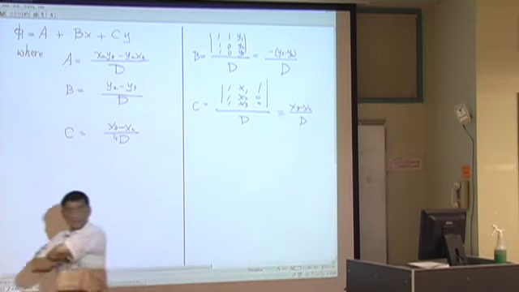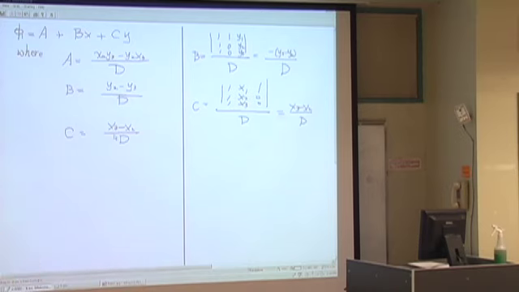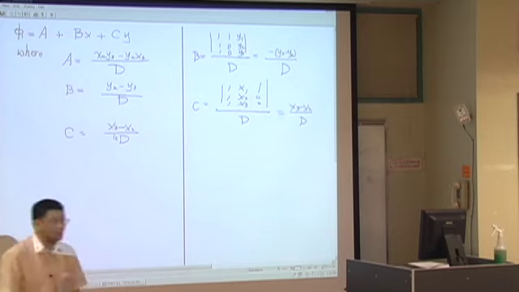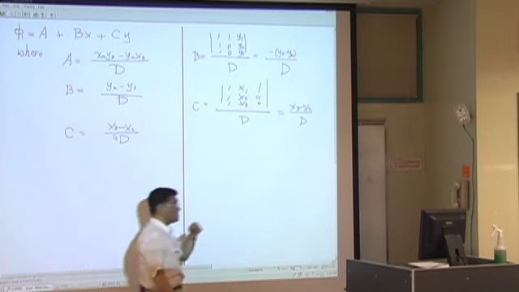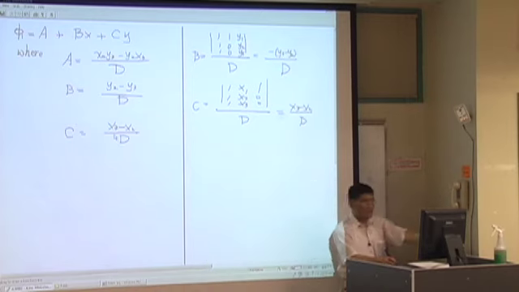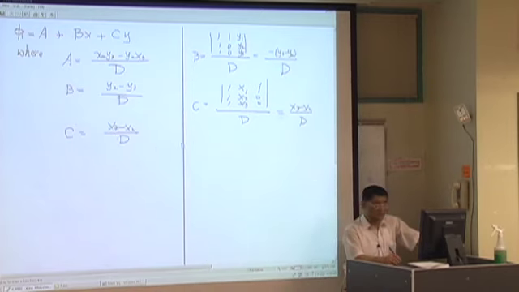So if you didn't get these things, then let me know. I just applied Cramer's rule to determine capital A, capital B, capital C, meaning I now know how to determine the equation of the plane. Before determining this equation of the plane, I just used a rough idea, right?